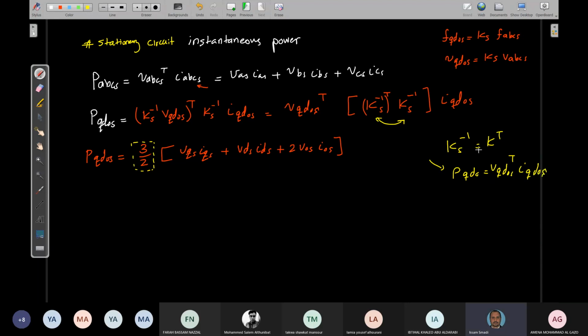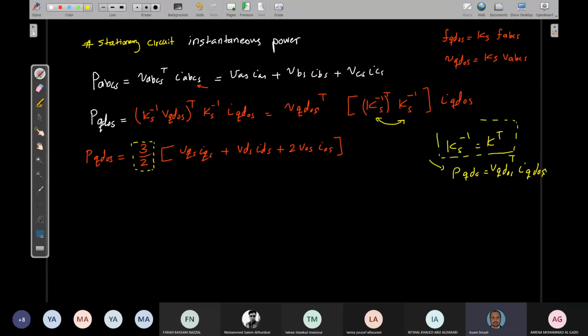If this relation is true, then this one actually is what? Ks inverse transpose. So in the end of the day, this will equal to Ks, and this will be Ks inverse. So the multiplication of those will equal the identity matrix under the assumption of this one, huh?